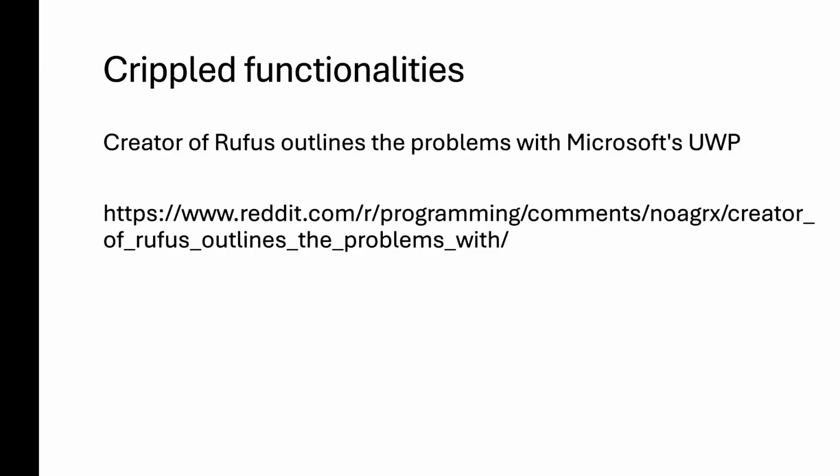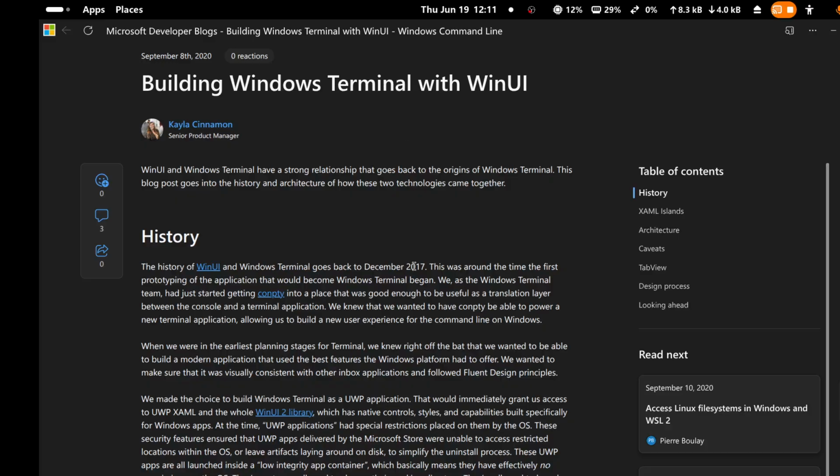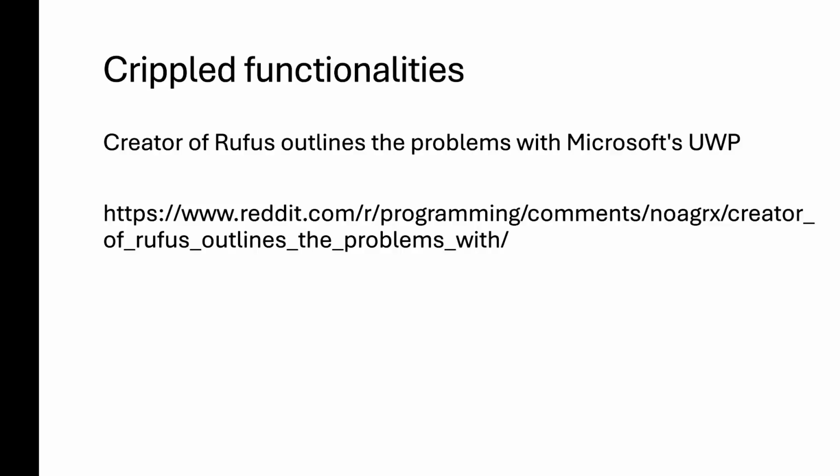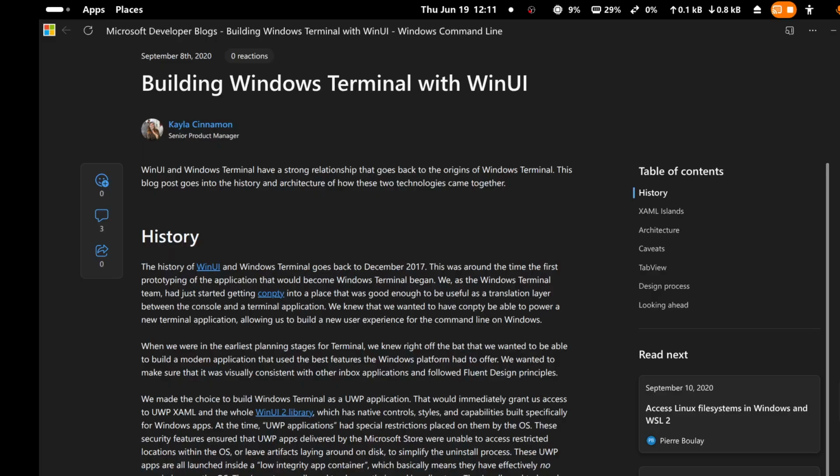One well-known problem is the Microsoft Universal Windows Platform, and we can see what Microsoft was talking about, which is something the author of Rufus, which I think a lot of you know, the tool to make an ISO image for Windows or other operating systems if you want to create the USB image, right?